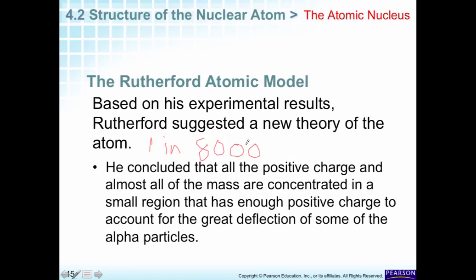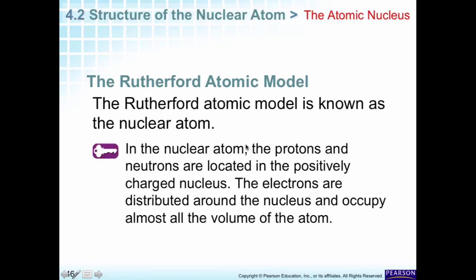So that says that if you're sending positive charges, it must hit something and also be repelled by it very, very strongly because it's concentrated, and it must be where the mass is located. So therefore, there must be a center of mass. And so this is where he gets the idea that the positive charge and the mass is in the center of the atom.